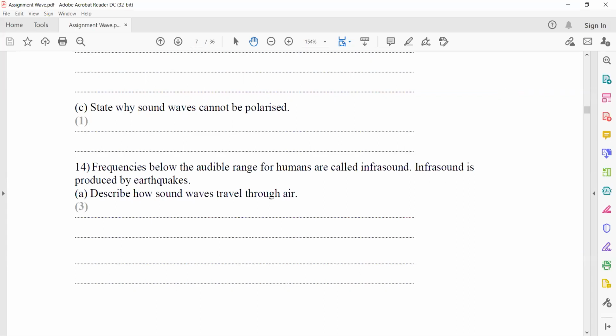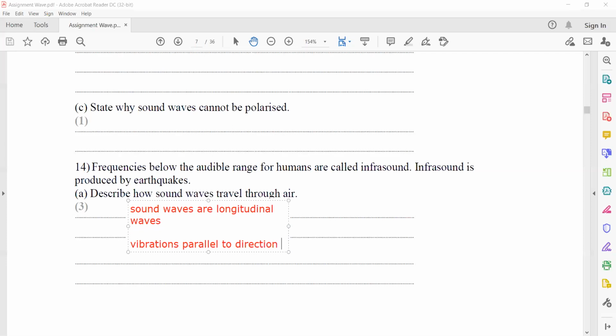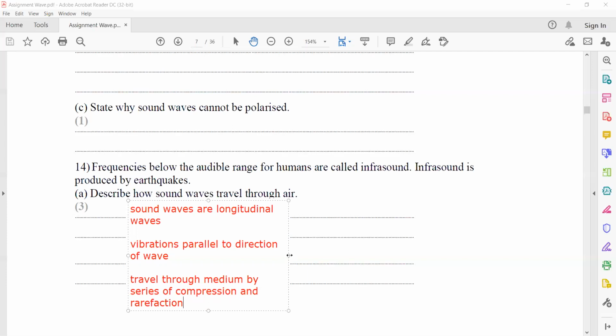So sound waves are longitudinal waves in which the particles vibrate parallel to the direction of the wave, and they travel through a medium by a series of compressions and rarefactions.